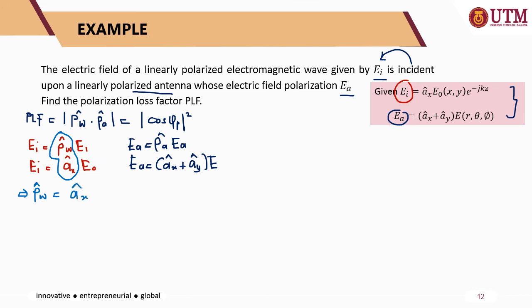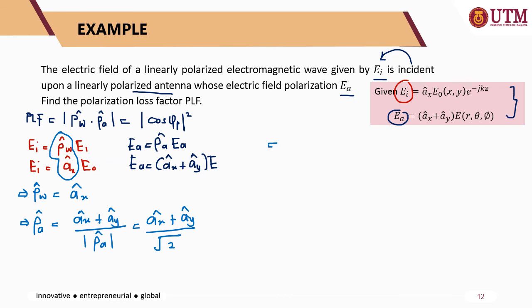For the antenna, rho A is equal to the vector divided by its magnitude. When there is more than one vector involved, AX plus AY, divided by the magnitude of the vector. In this case, it is equal to AX plus AY divided by root 2.